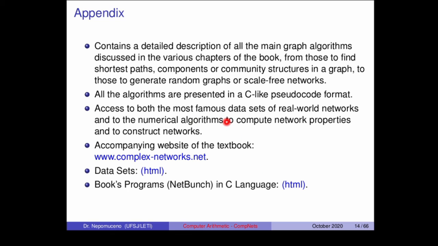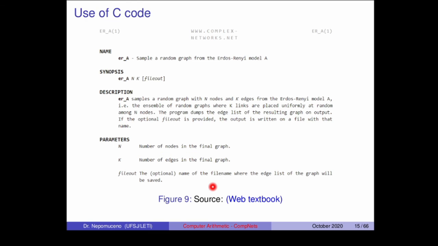On the website you get access to the most famous datasets of real-world networks and to the numerical algorithms to compute network properties and to construct networks. There you can see some basic information about the book, and all the datasets and some C code can be downloaded from there.